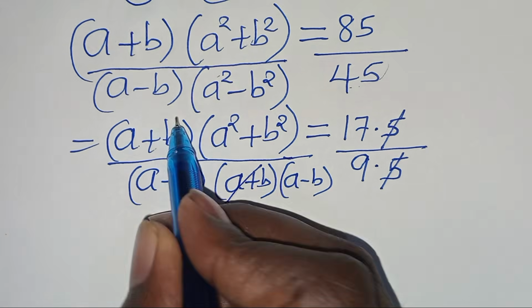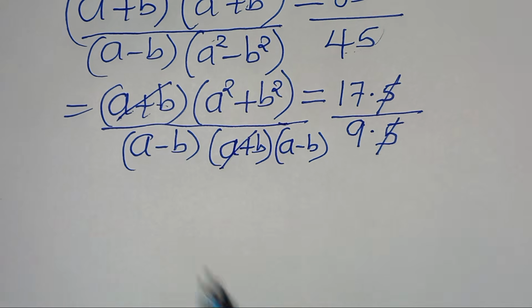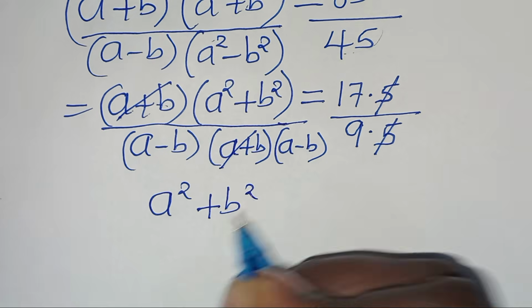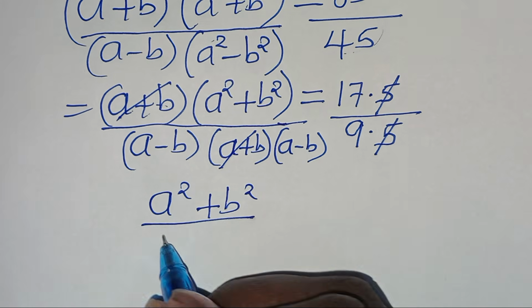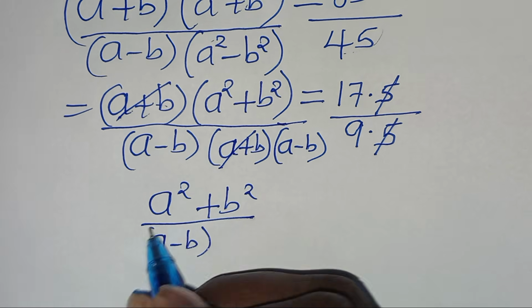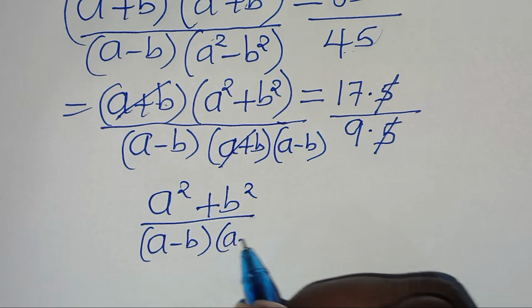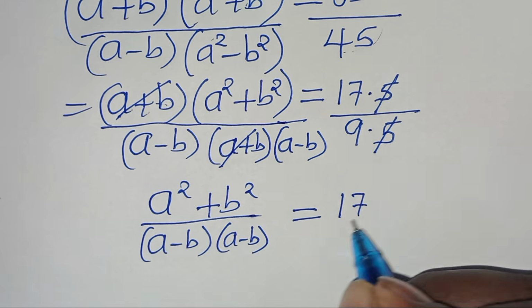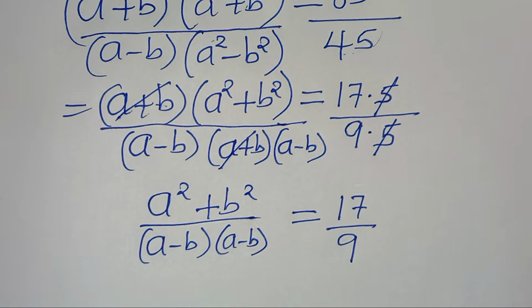So we can simplify so that we have (a squared plus b squared) divided by (a minus b) multiplied by (a subtract b), and this is equal to 17 divided by 9.